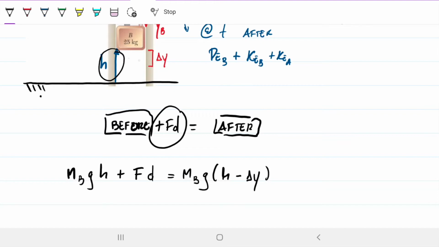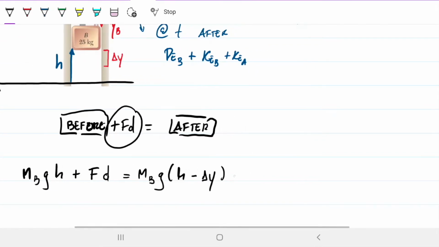So this h minus this distance here gives me my new distance here. All I'm saying is that the height from the ground to the new point is just the original one minus how much it went down. That's all it's saying. What about kinetic energy?